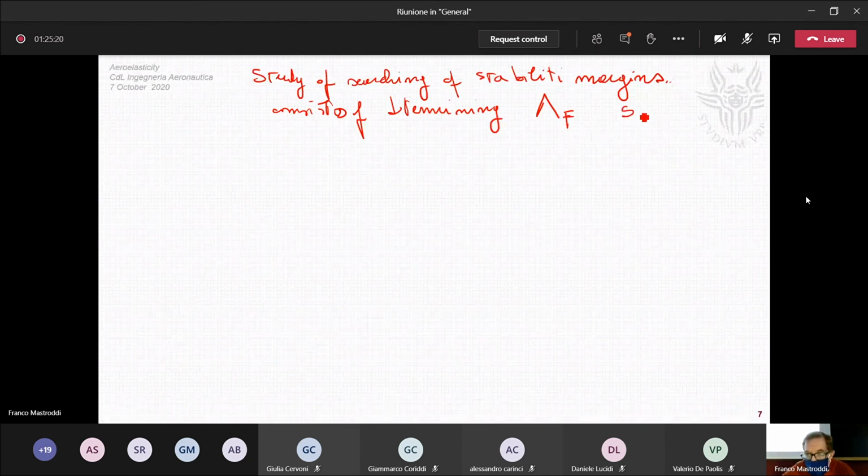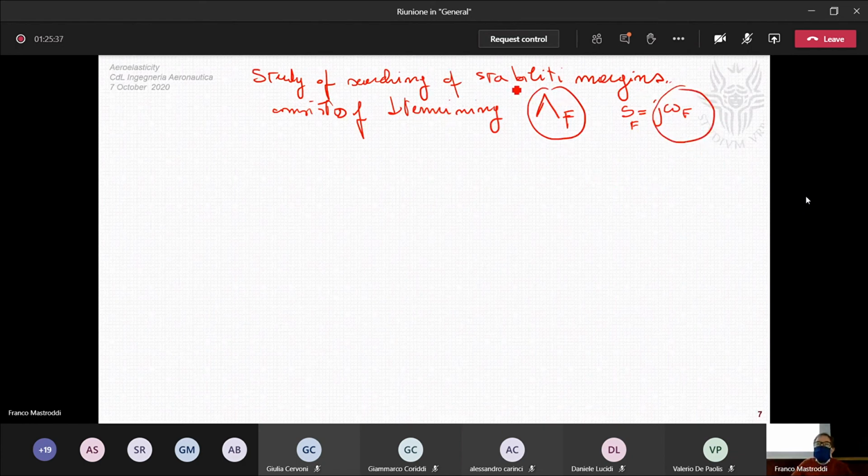If the pole is crossing, the pole is pure imaginary, so the flutter pole is, whenever it's crossing, of type j omega F. So these two are the unknowns when you are searching for the stability margin.